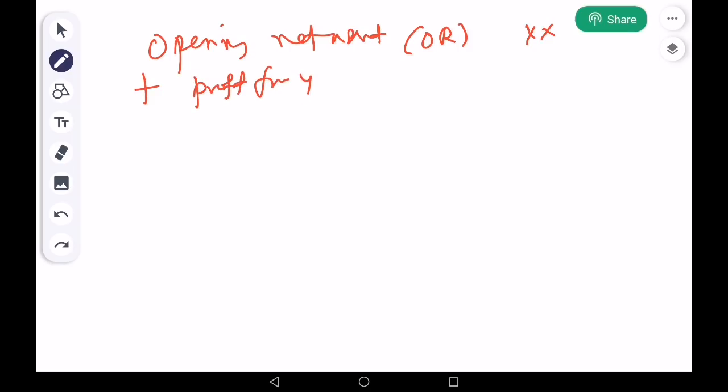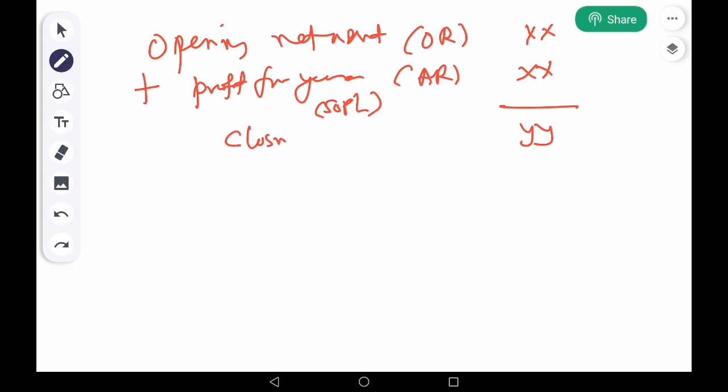That means only 1 year. Automatically, you can use average rate because it comes from your SOPL after translate. Then you will get what, class? Closing net asset.